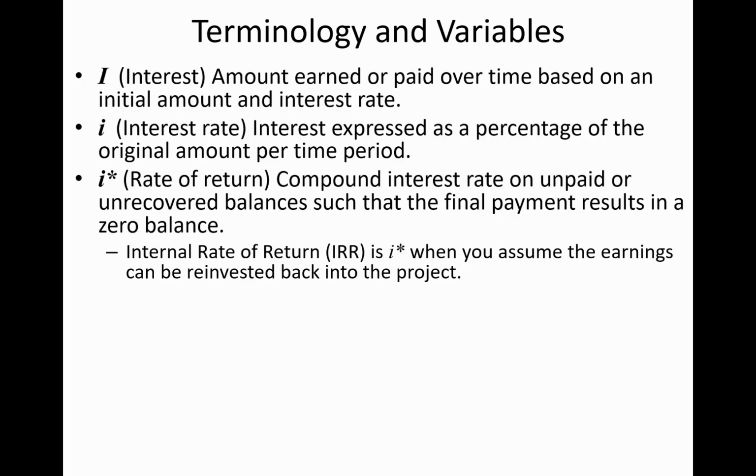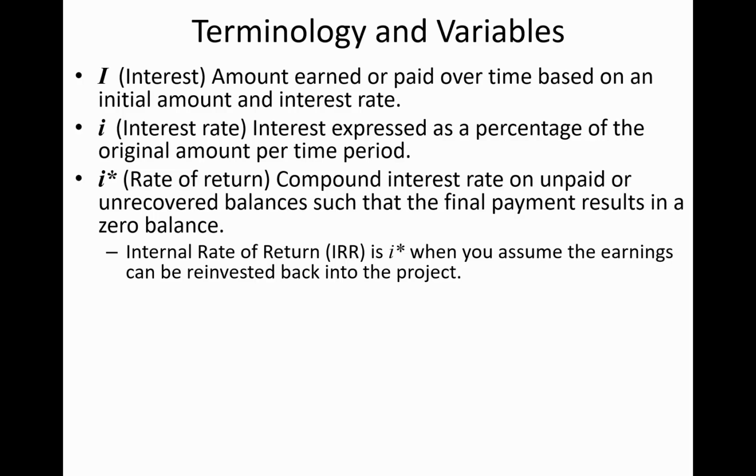Now, i star means rate of return. And i star is often what we're going to be solving for if we're doing, for instance, an internal rate of return calculation. That's where you're assuming that the earnings can be reinvested.